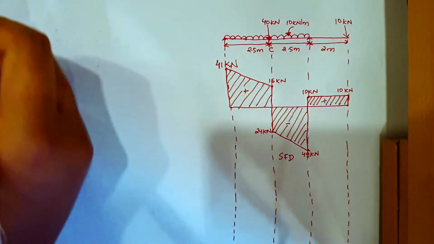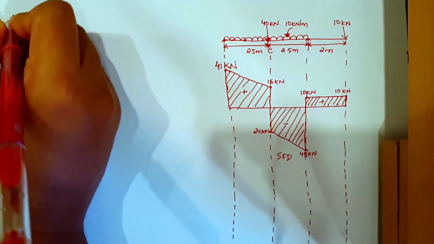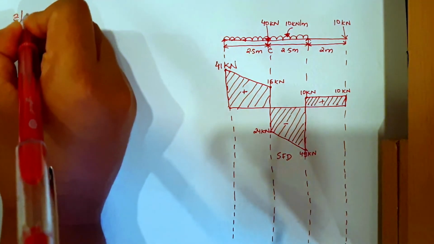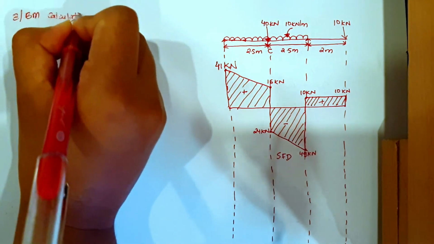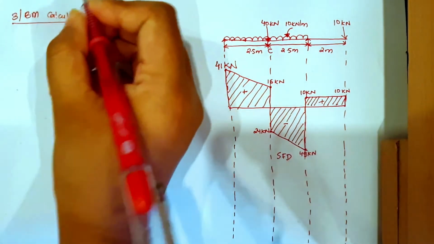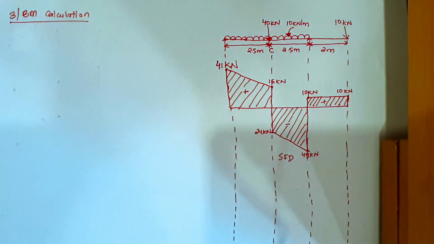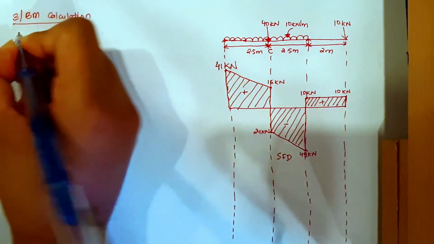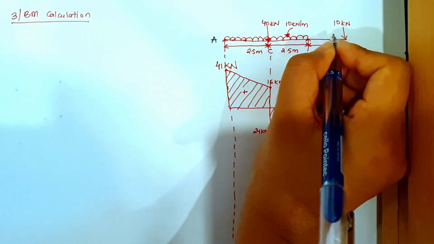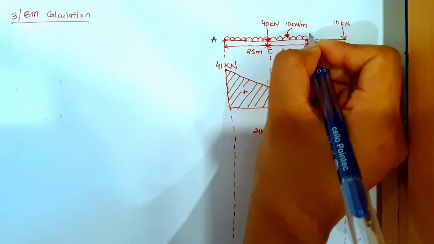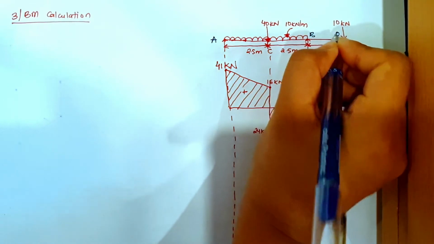Now let's find bending moment. So number 3, bending moment calculation. So for overhanging beam, this is my A point and this is my B point here and this is D point.